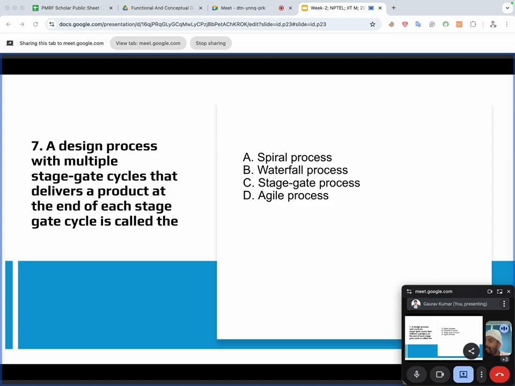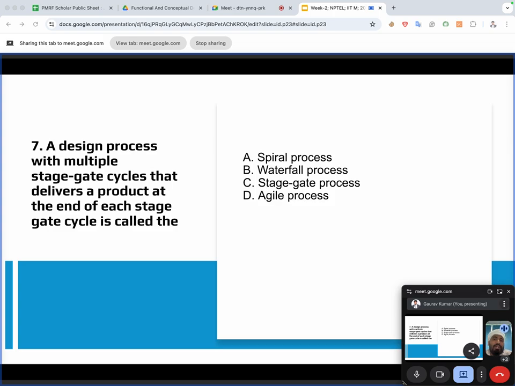The next one is the stage gate process, also called the phase gate process. It divides product development into stages separated by gates. Each gate is a checkpoint where decisions are made: go, kill, hold, or recycle the project.